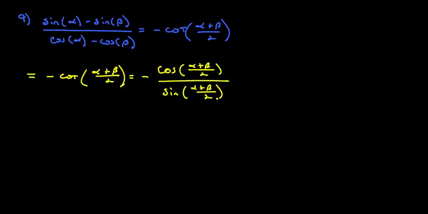Then I'm going to multiply top and bottom by 2. I'm going to move this negative down to the bottom because it doesn't matter where I put it. And then I'm going to multiply top and bottom by the sine of alpha minus beta over 2.